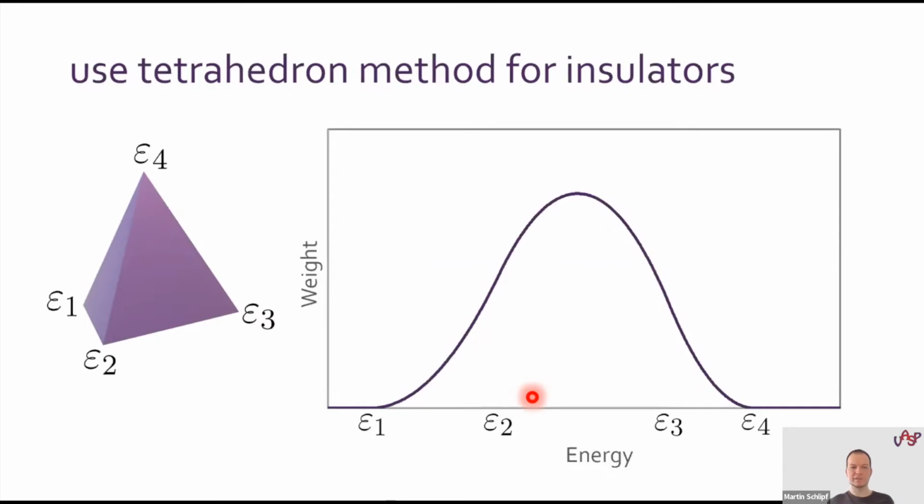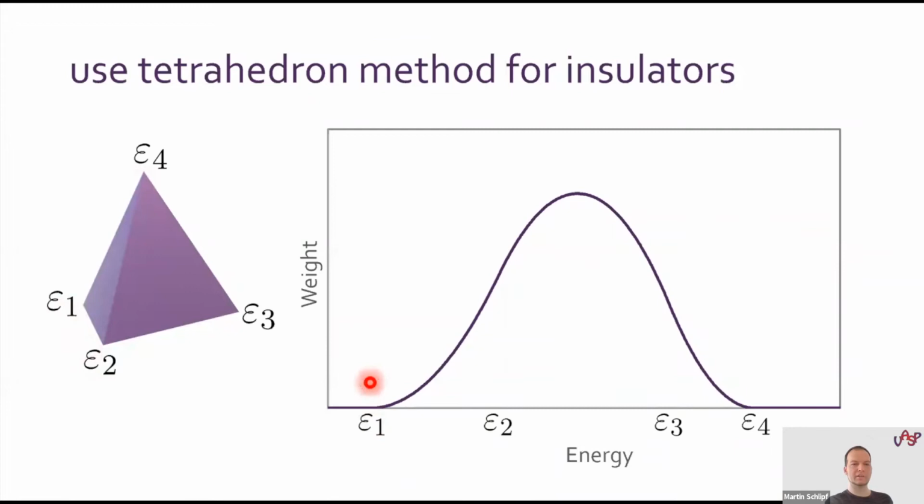Essentially, the tetrahedron method corresponds to splitting the k-point mesh into tetrahedra. Every little fraction of your grid is split into 4 corners, and then you order the energies at the corners in increasing order.